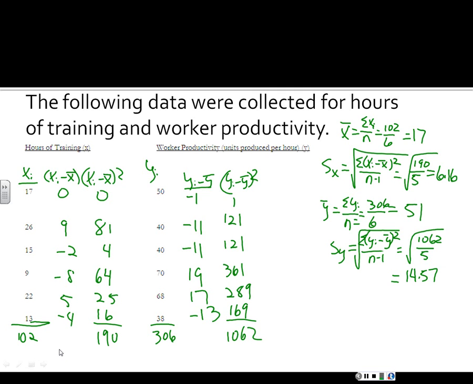Okay, then we need to get the covariance of x and y. So that's going to be the sum of the cross products, no squaring here, divided by n minus 1.